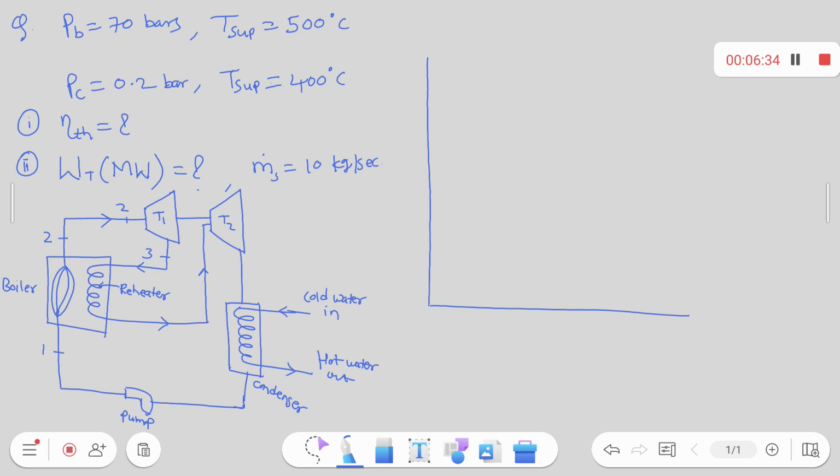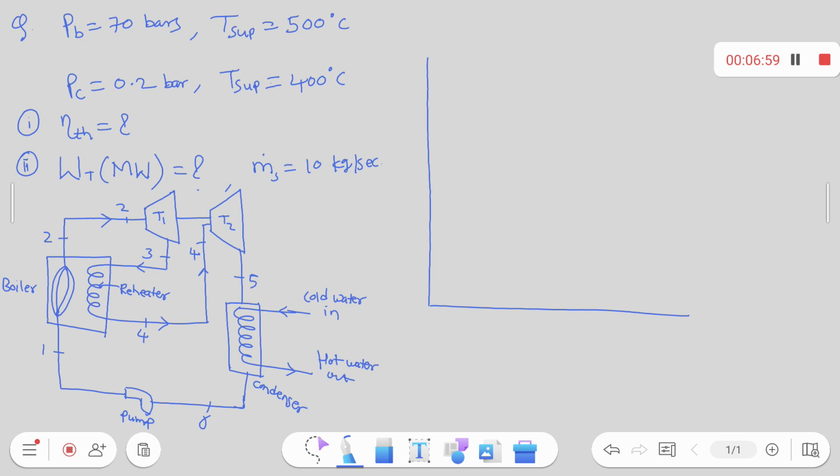Output from the steam turbine is then reheated, so this is 4. Input to the second turbine is 4, then output of the second turbine is 5. Output of the condenser is nothing but input to the pump, 6. So these 6 processes we have to show on the TS diagram.